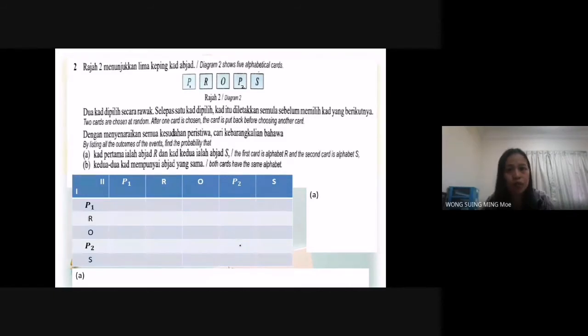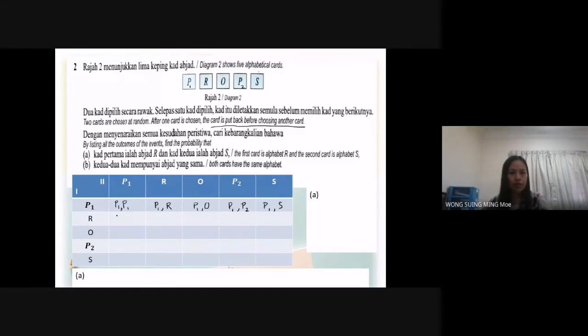This question, because the card is put back before choosing another card, you cannot put a dash. So this is P1, P1. Okay, so P1 R, P1 O, P1 P2, and here P1 S. And you can do it.